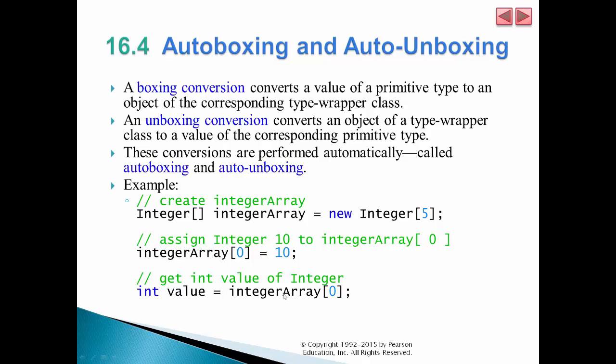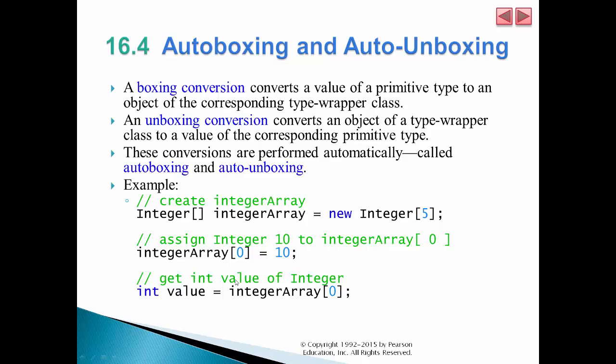And the same goes in a different direction. This particular array contains integer objects, but if you want to get some value from this integer object into some primitive variable, let's say int value, then the process of auto unboxing actually happens here without any particular logic to be implemented.